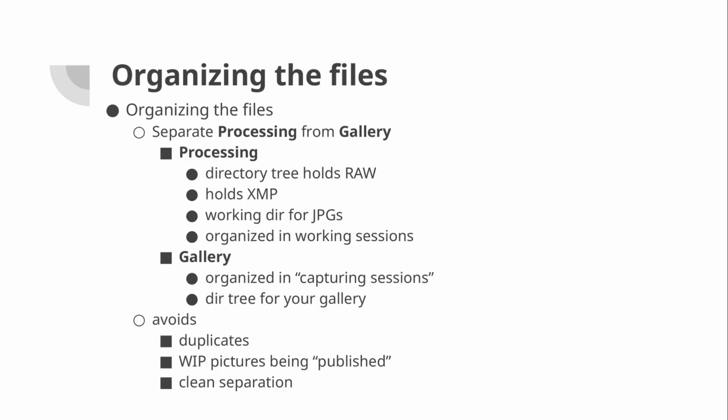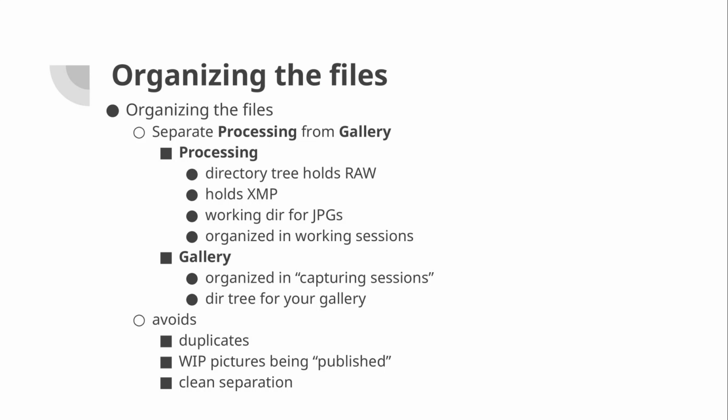First, let's talk about organizing image files. I strongly recommend to separate the processing from the gallery. This means the directory where you store your raw files, the XMPs, where the work is happening, where you're inspecting all the JPEGs you're producing, should be separated from the gallery.